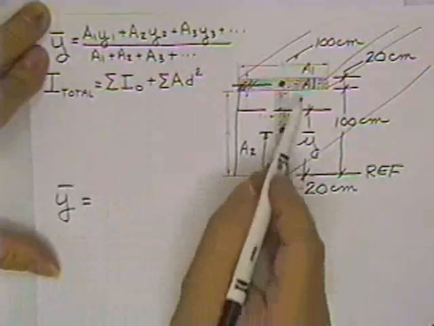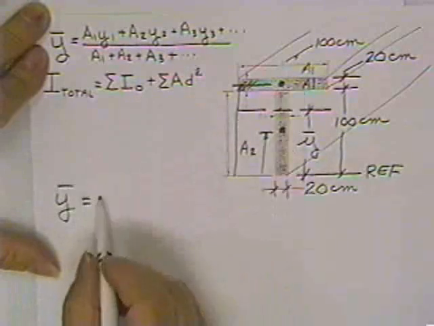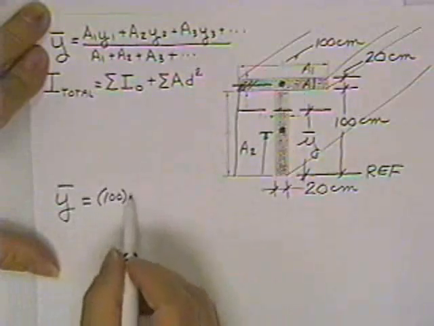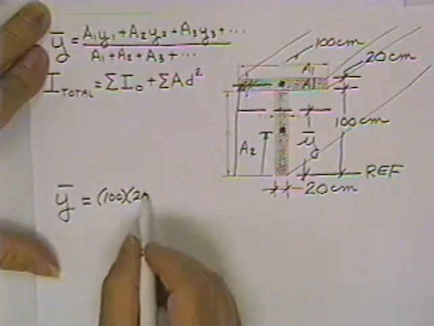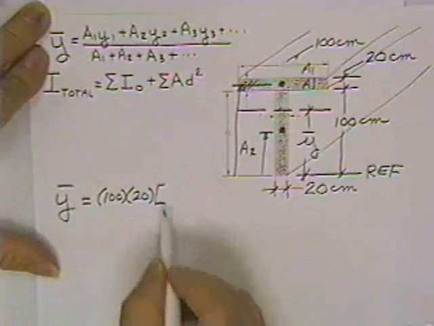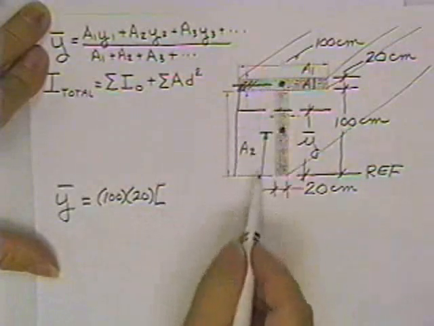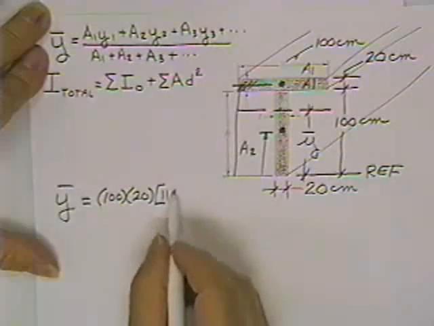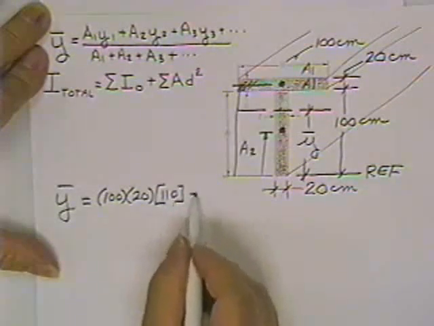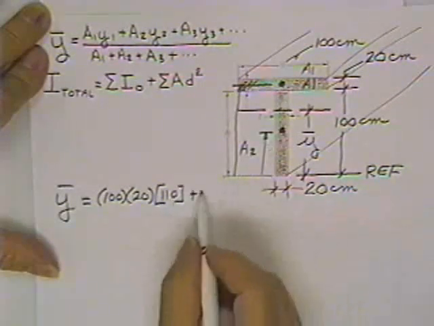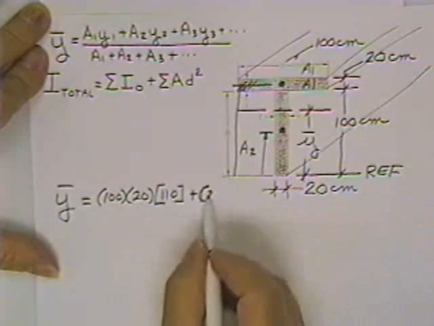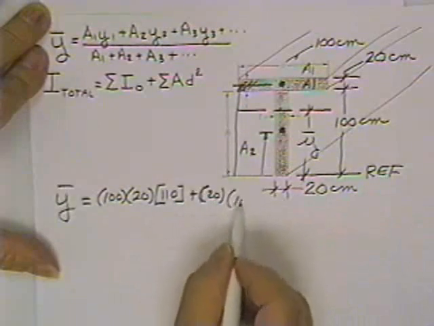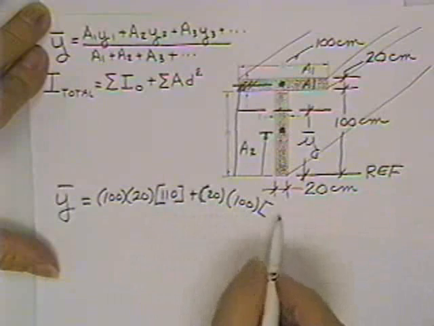Y bar is equal to, you selected the top piece as Area 1. It's 100 centimeters times 20 centimeters times how far is it up in the air from the reference? It's 110 centimeters. Plus, here's Area 2. It's 20 centimeters by 100 centimeters.